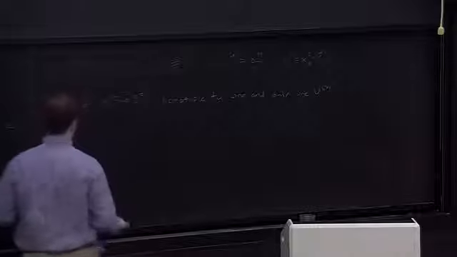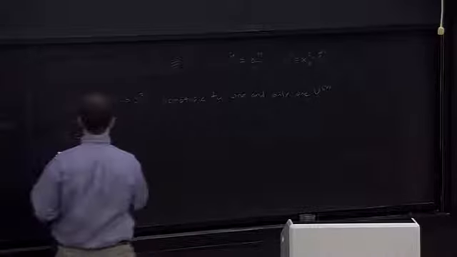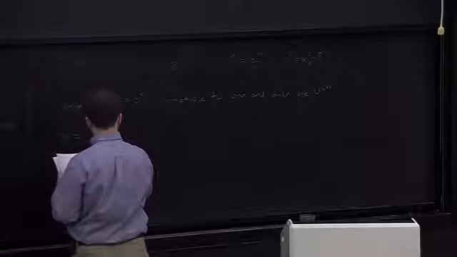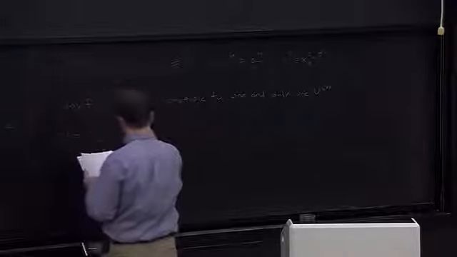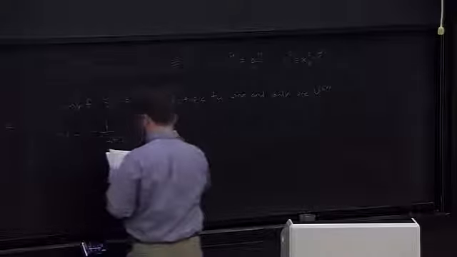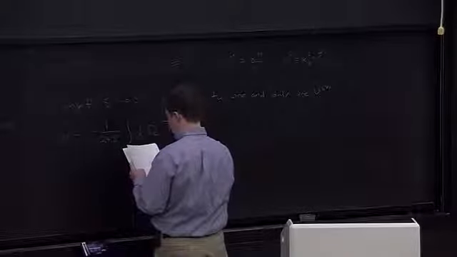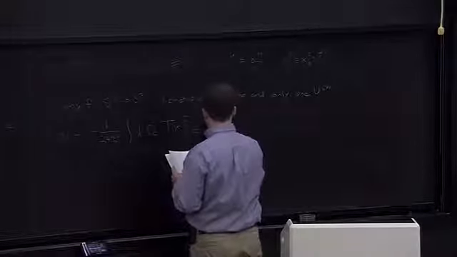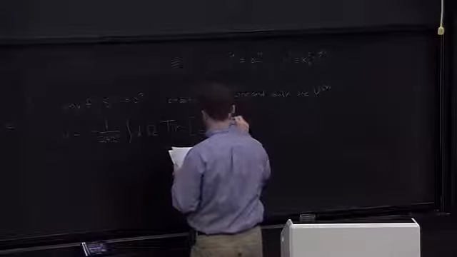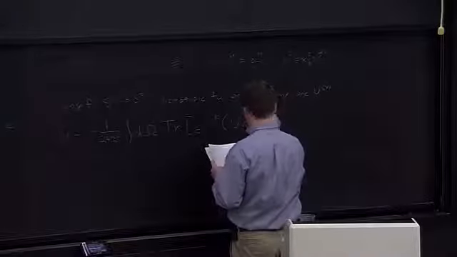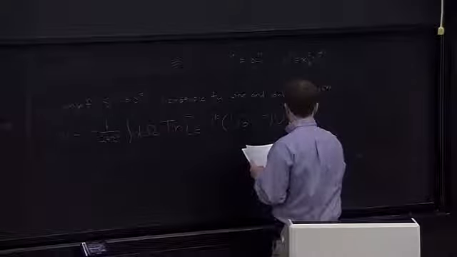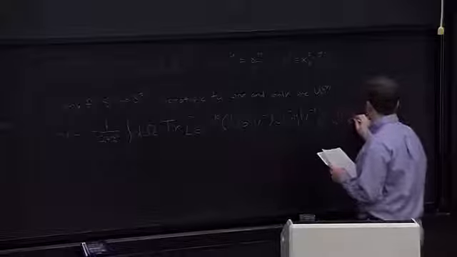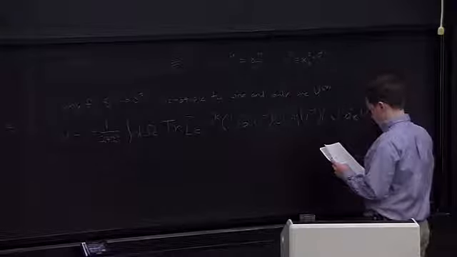And so there's a formula for the winding number of these maps. Rewritten, this is the integral of the trace of epsilon ijk, U inverse dU, U inverse dU, U inverse dU.